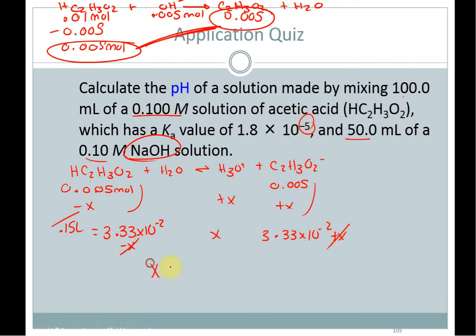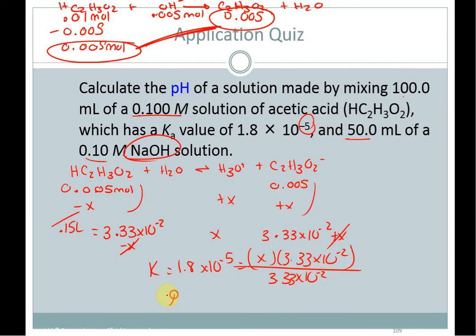And our x value is going to be determined from our K expression. So here we have K is equal to 1.8 times 10 to the minus 5, which is equal to x times 3.33 times 10 to the minus 2 over 3.33 times 10 to the minus 2. So x is equal to 1.8 times 10 to the minus 5.